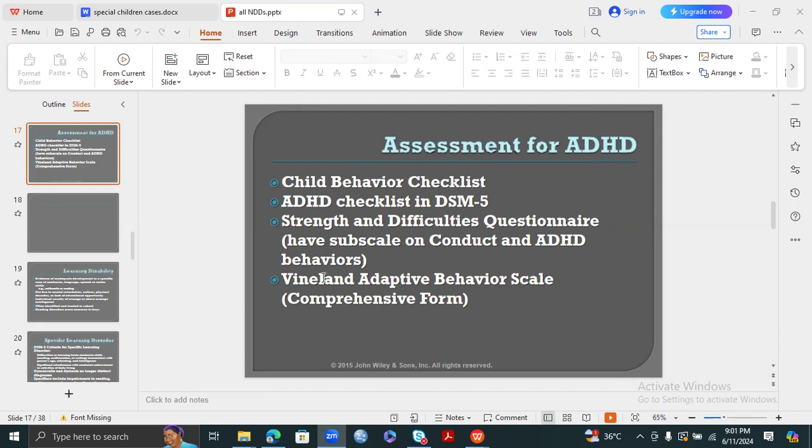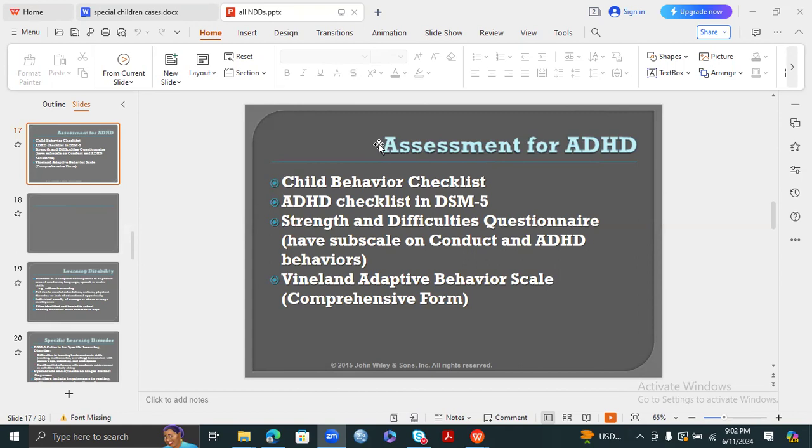So, in that particular scale, you have a range of scales to determine a range of problems. They have externalizing behaviors. They have a particular subscale for determining particular disorders like psychosis, disruptive behaviors, ADHD, and conduct disorders.